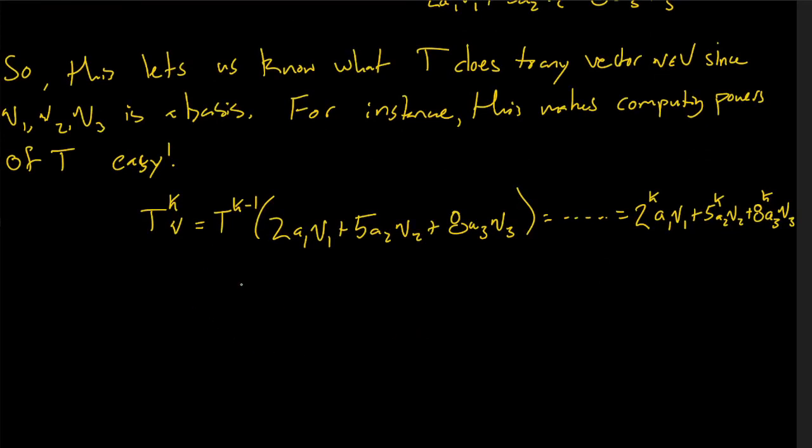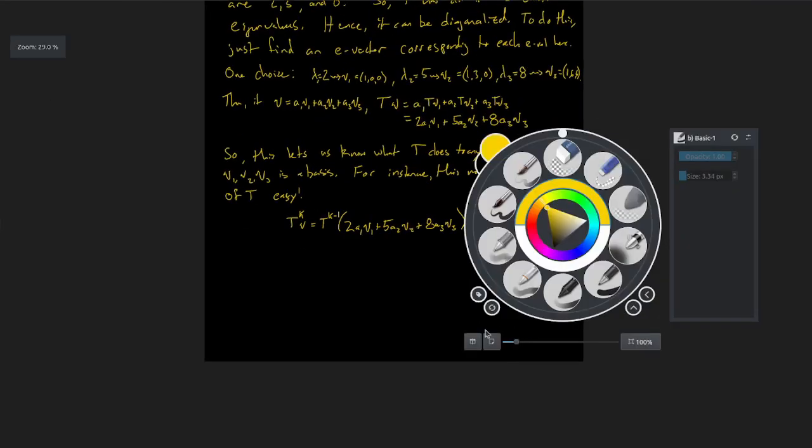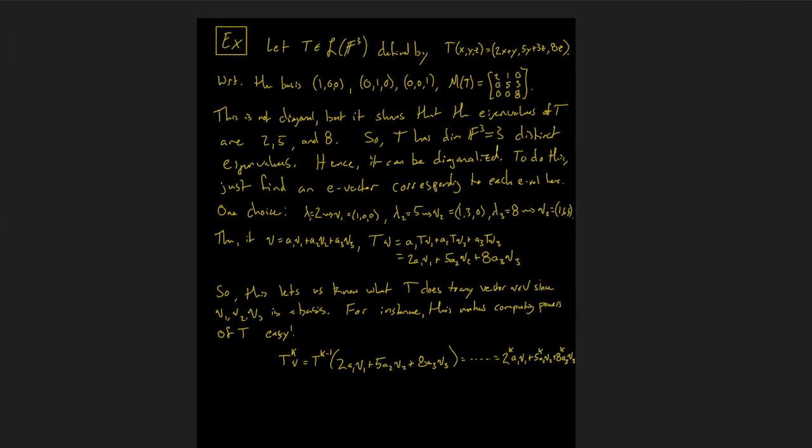So I could compute a billionth power of T applied to V just by taking 2 to the billionth, 5 to the billionth, and 8 to the billionth. I exactly know what's going on here. It's really nice. So, diagonalizing is very easy to do if you have enough distinct eigenvalues.